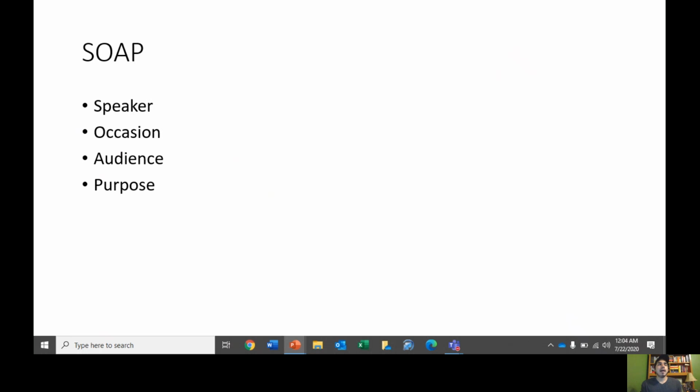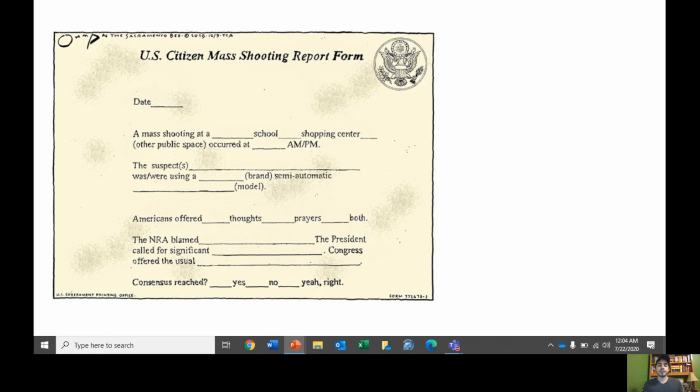Visual text, because much like the nonfiction texts that you've seen, they carry unique messages as well, and we'll be able to dissect them in a bit. But the letters of SOAP are speaker, occasion, audience, and purpose.